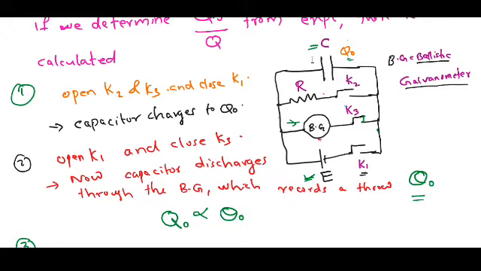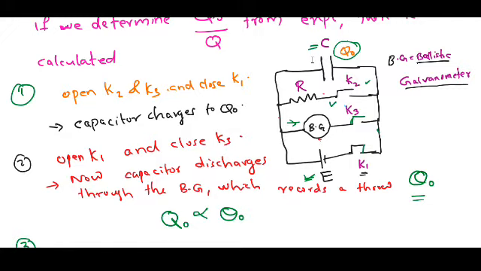Therefore, to charge the capacitor to the Q0 value, we have to open the key K2, because already it is open, and K3 also. Okay, it is opened, and we have to close the key K1. This is closed.